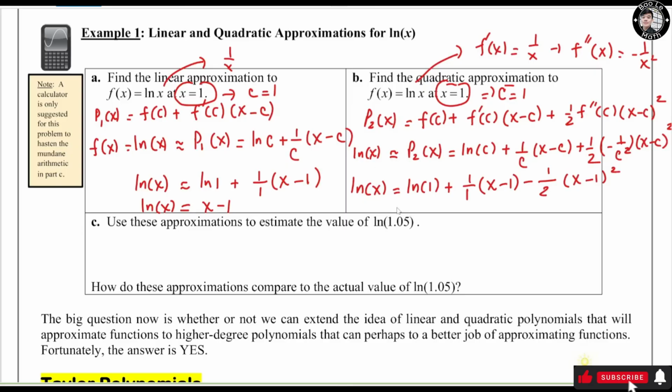Now we're going to simplify, so ln of x equals, this one equals 0, it's going to be (x minus 1) minus 1 over 2 times (x minus 1) all squared.